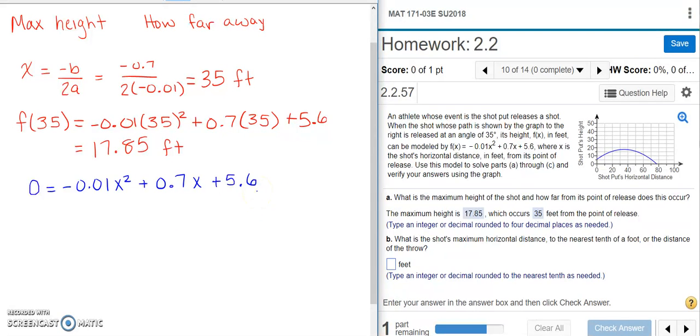Well, you could try factoring that if you wanted to, but it's going to be real ugly. So your better option is to use the quadratic formula. Anytime it's set equal to 0, you can use the quadratic formula.